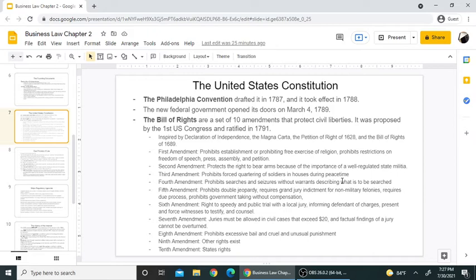The Ninth Amendment says that there are other rights that exist, even if they're not explicitly laid out in the Constitution. And the 10th Amendment basically protects states' rights. It says that whatever powers are not explicitly stated in the Constitution as designated for the federal government, and whatever is not barred for state governments under the federal Constitution, those powers belong to states.